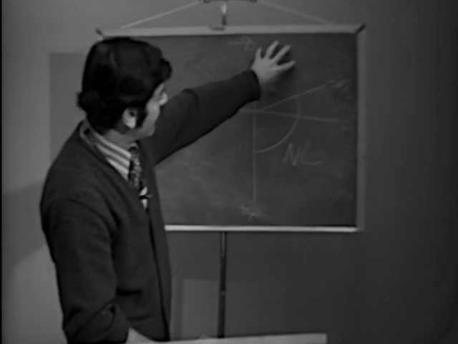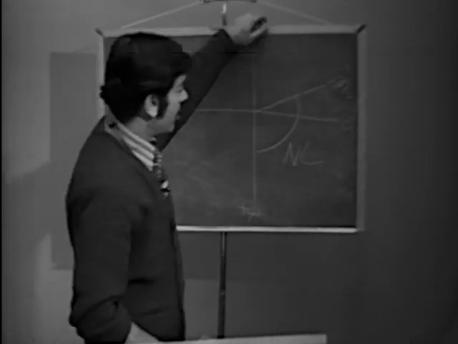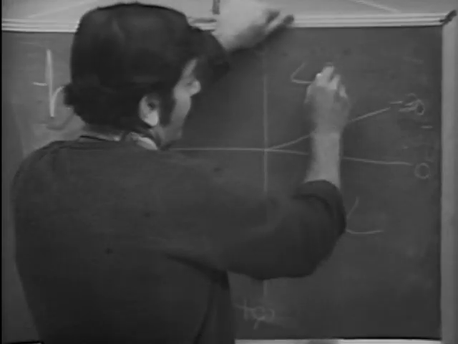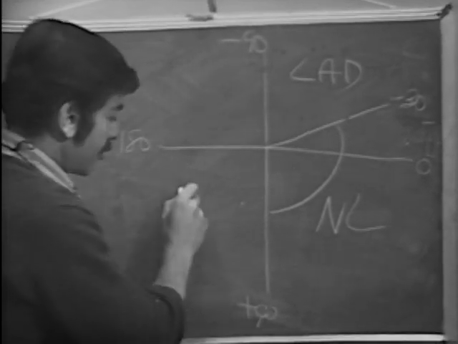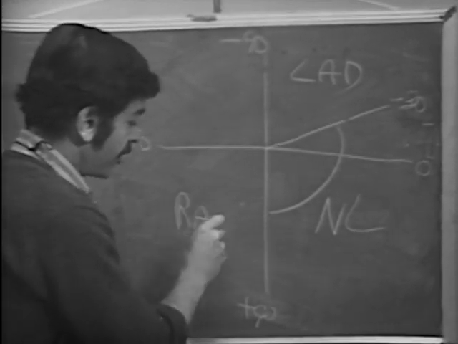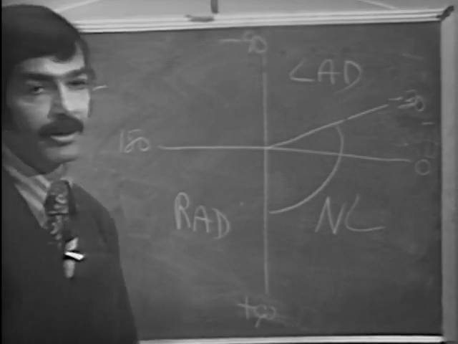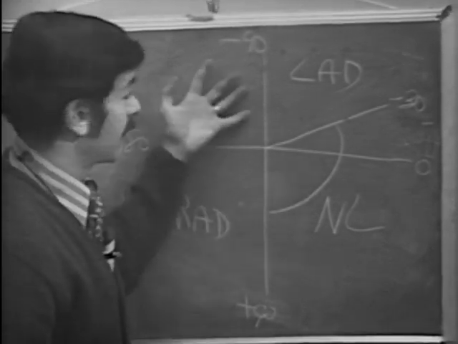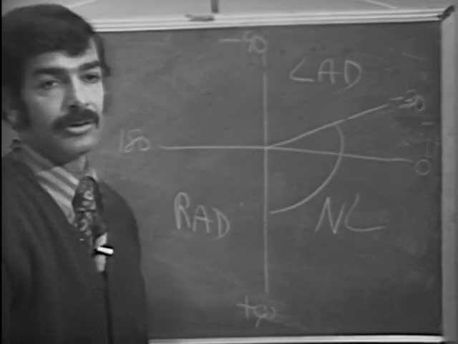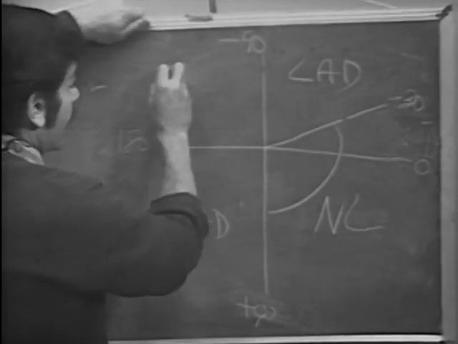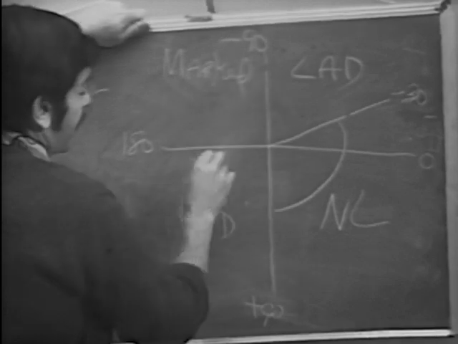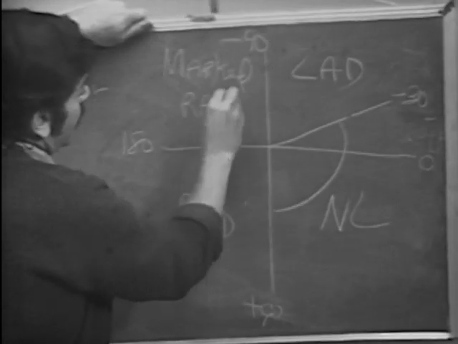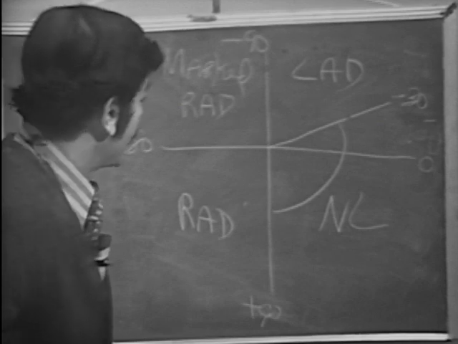Suppose our axis fell into this quadrant here. We would call this left axis deviation. If it fell into this quadrant, right axis deviation. What would we call it if it fell into this quadrant up here? Well, they call this marked right, for want of a better term, I suppose. This is called marked right axis deviation.